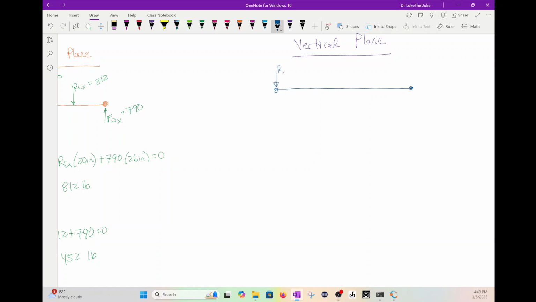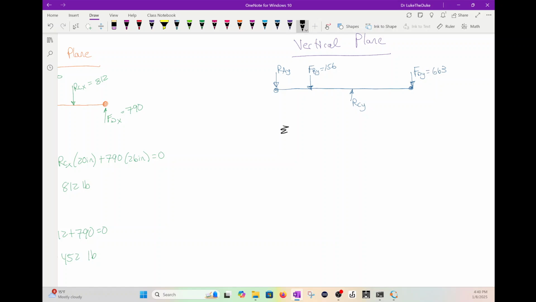We have RAY. We have FBY, which is 156 pounds. We have RCY, and then we have FDY, which is 663 pounds.